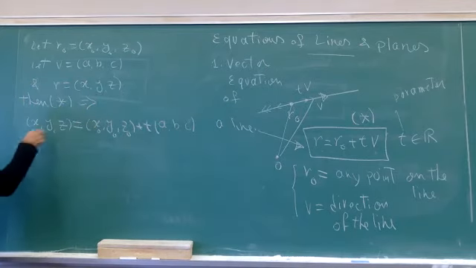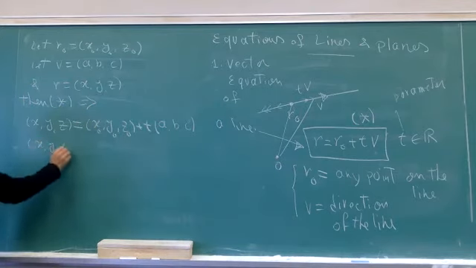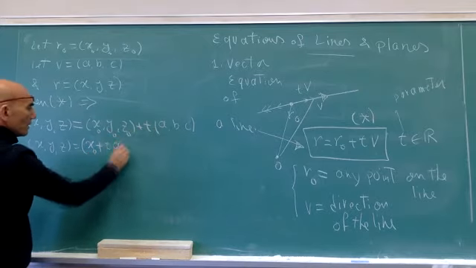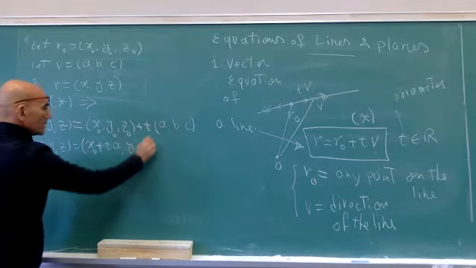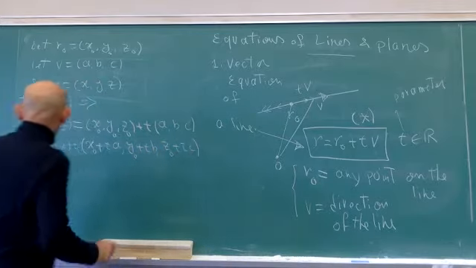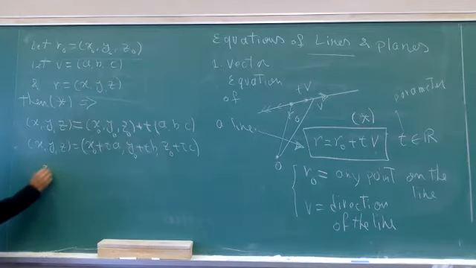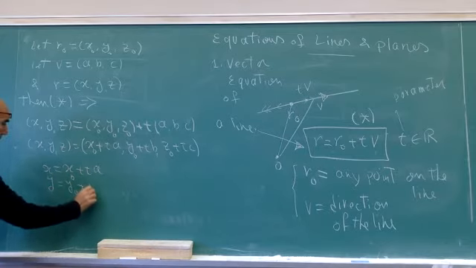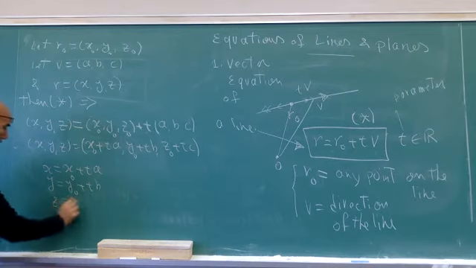You can just spell this out. You get x, y, z equal to x0 plus ta, y0 plus tb, z0 plus tc. So you get the equations x equals x0 plus ta, y equals y0 plus tb, z equals z0 plus tc.